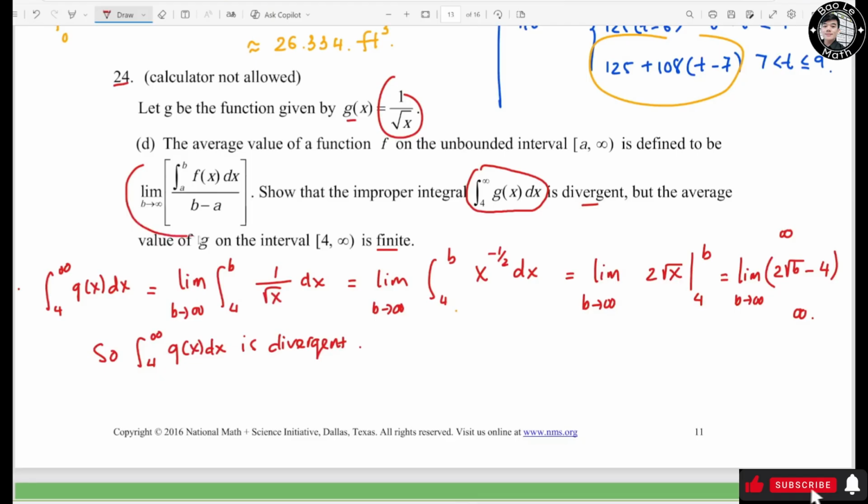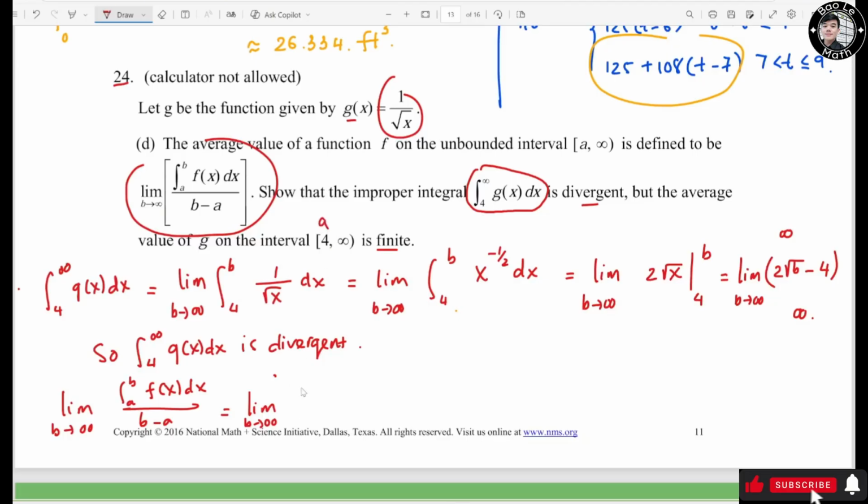Now we need to calculate this one, right? So we have the limit as b approaches infinity of the integral from a to b of f of s ds over b minus a, where a equals 4, right?